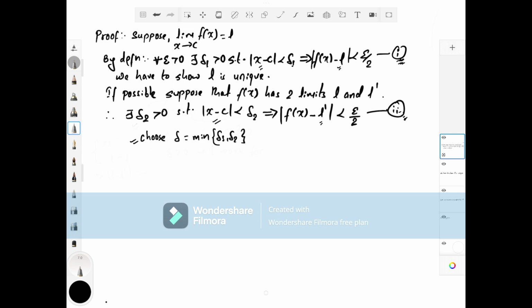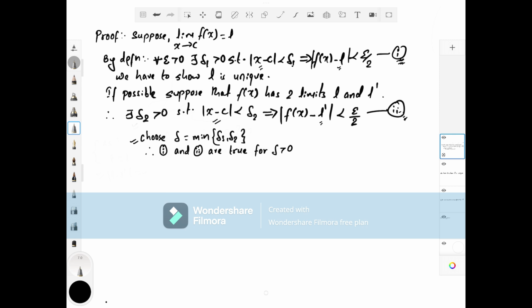We must suppose them as small as possible. So if we set delta to be the minimum value between delta 1 and delta 2, then this delta will work for both the inequalities 1 and 2. This means we can replace delta 1 and delta 2 in 1 and 2 with delta. Therefore, 1 and 2 are true for delta greater than 0.